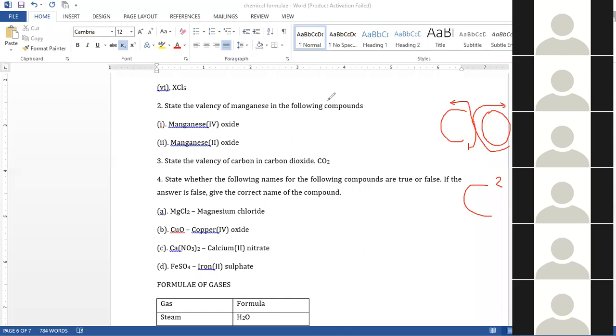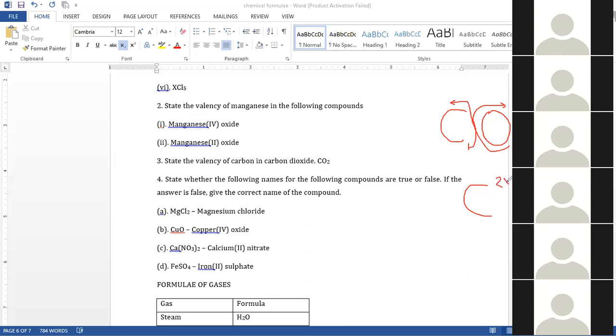Can I answer? Yes, go ahead. Since the valency of oxygen is 2, we multiply by 2 the oxygen and carbon, because before, you divided, that's why it's giving you oxygen as 1. Perfect.